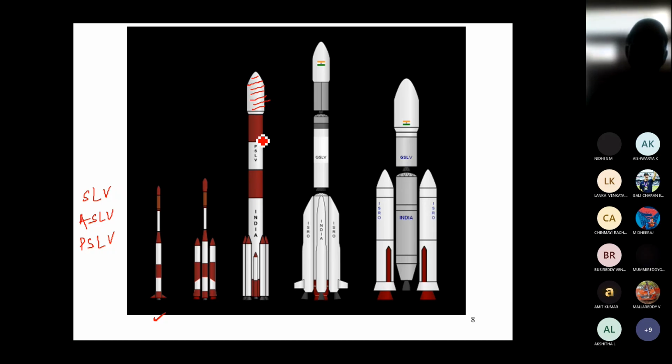First of all, why are multiple stages involved? Why does the launch vehicle have different stages? The answer is, when the satellite is moving from one particular orbit to another particular orbit, there is a change in velocity.